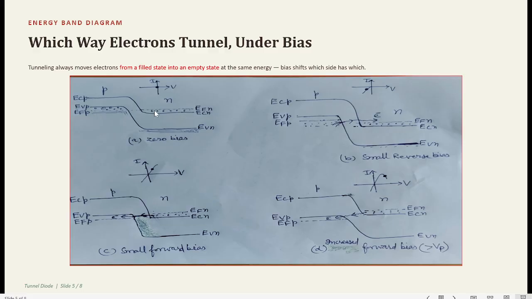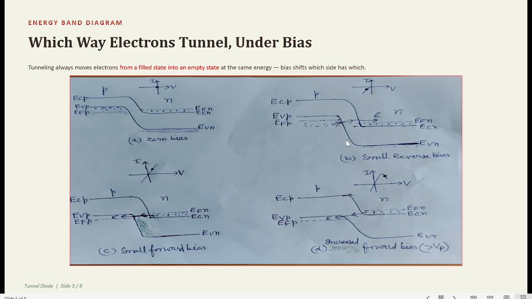So these filled electron states are now overlapping the filled electron states on the P side. So there is no net tunneling between these states, and these empty states are overlapping with the empty states in the N side. So no net tunneling means no current flowing through the device. So this is represented by this point.